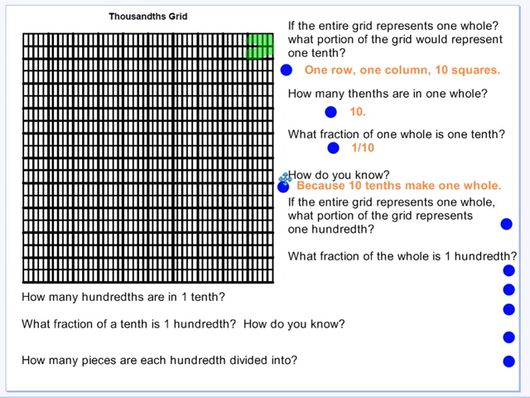If the entire grid represents one whole, what portion of the grid represents 1/100th? One square will represent 1/100th. One little bitty square, right here that's shaded. Okay, what fraction of the whole is 1/100th? 1/100th. How many hundredths are in 1/10?